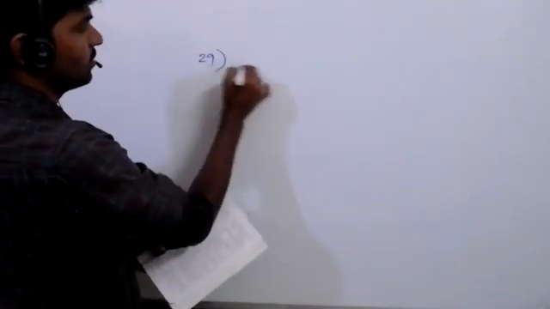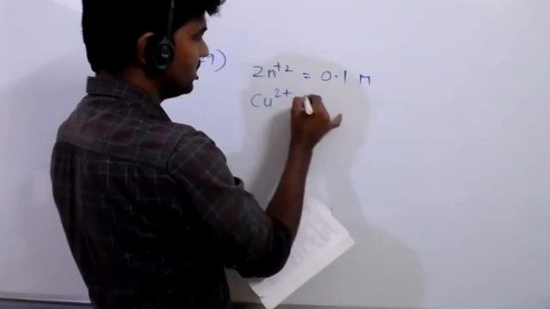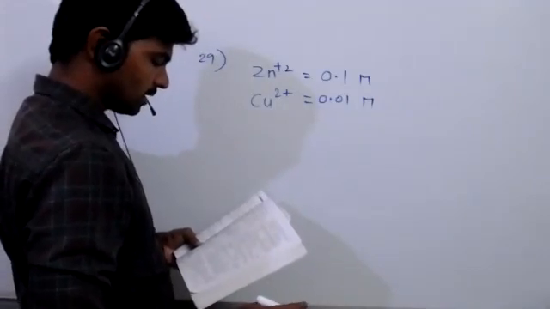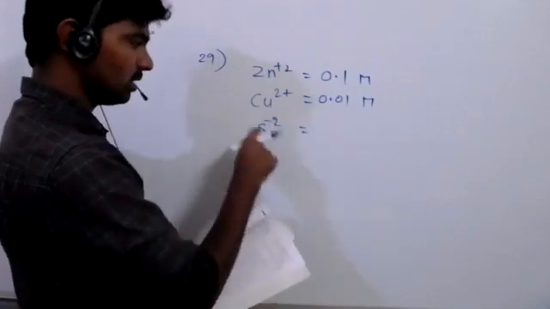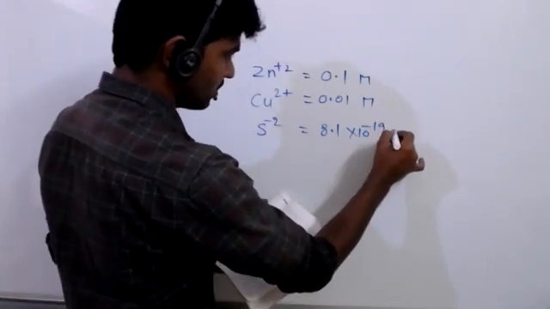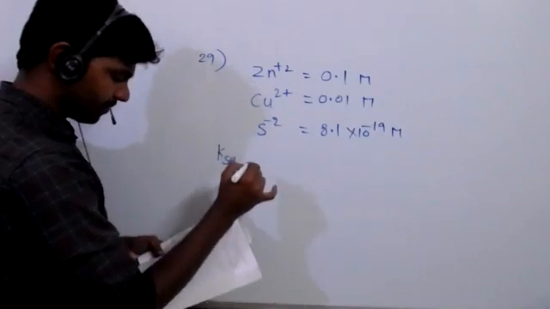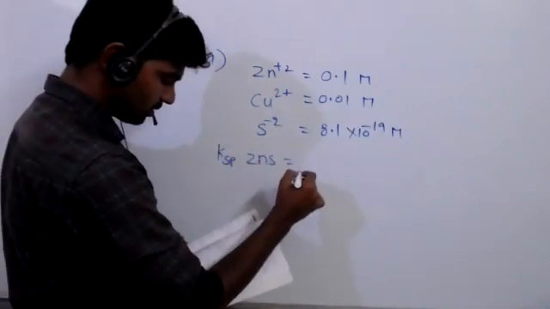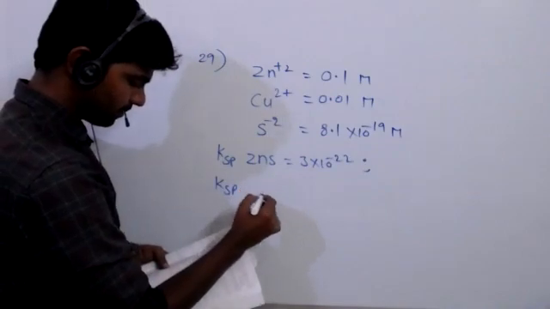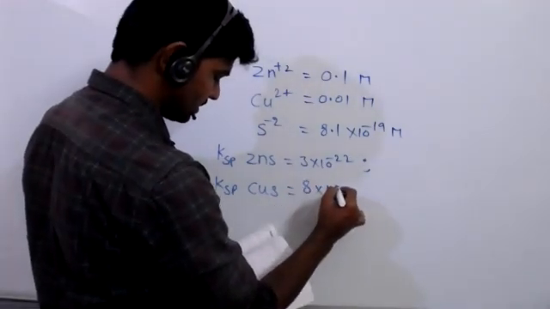Zn2+ concentration is 0.1 M, Cu2+ concentration is 0.01 M. To this we are passing H2S, which produces S2- ions, reaching 8.1 × 10^-19 M. Solubility product of zinc sulfide is 3 × 10^-22, and of copper sulfide is 8 × 10^-36.